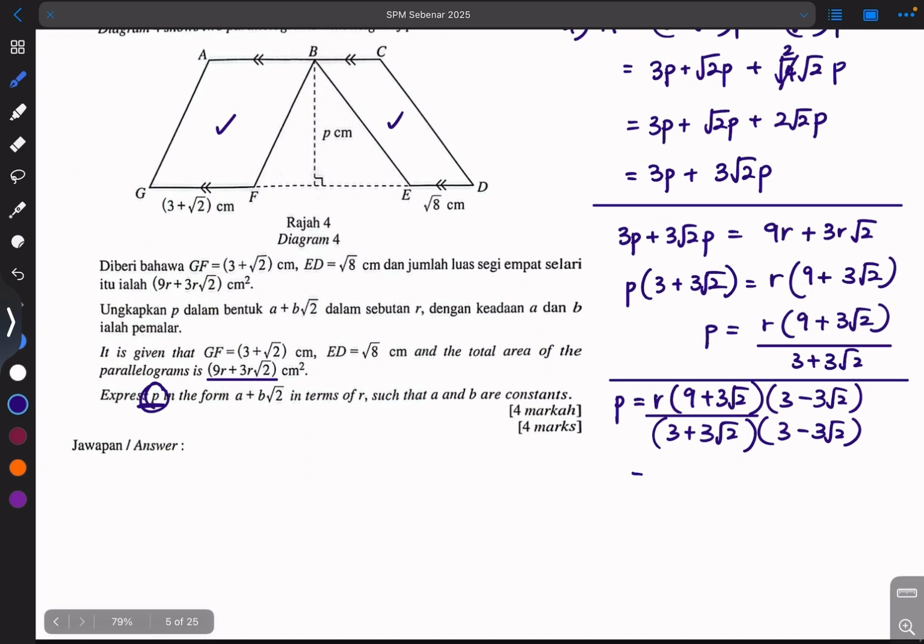Now we expand. So on top here, I'll just leave it. 9 times 3, we get 27. And then 9 times negative 3z² is negative 27z². This one times this one, we get 9z².